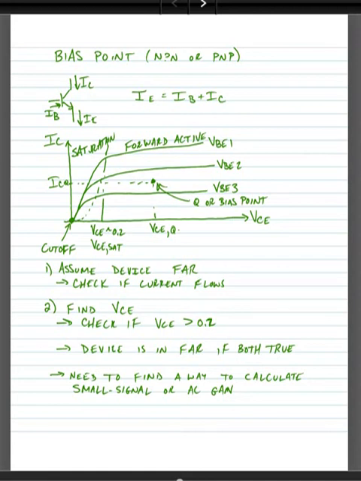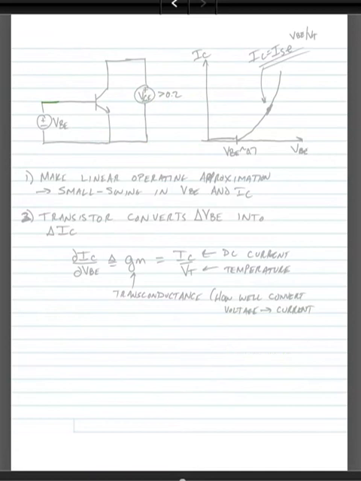So the way we're going to do this is we're first going to assume that we've managed to put a sufficiently high enough VBE into our device, and that we also have placed a sufficiently high enough VCE greater than 0.2 volts across the device.